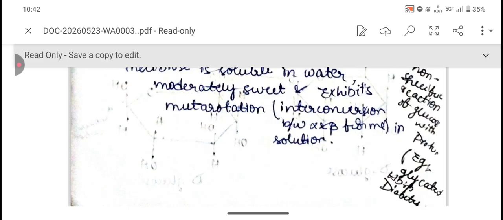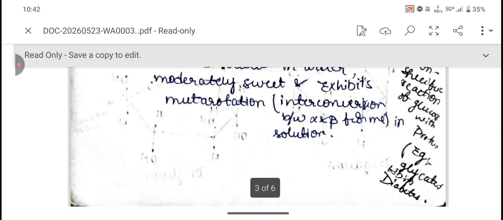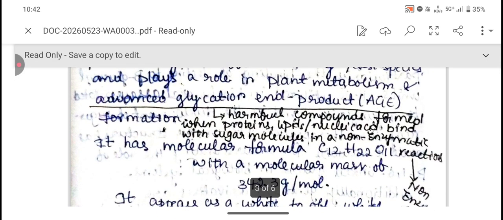You can see the excess amount of sugar in the blood, which leads to diabetes. Example, glycated hemoglobin in diabetes. This is one such example of advanced glycation end products. It is completely an enzyme-independent process.